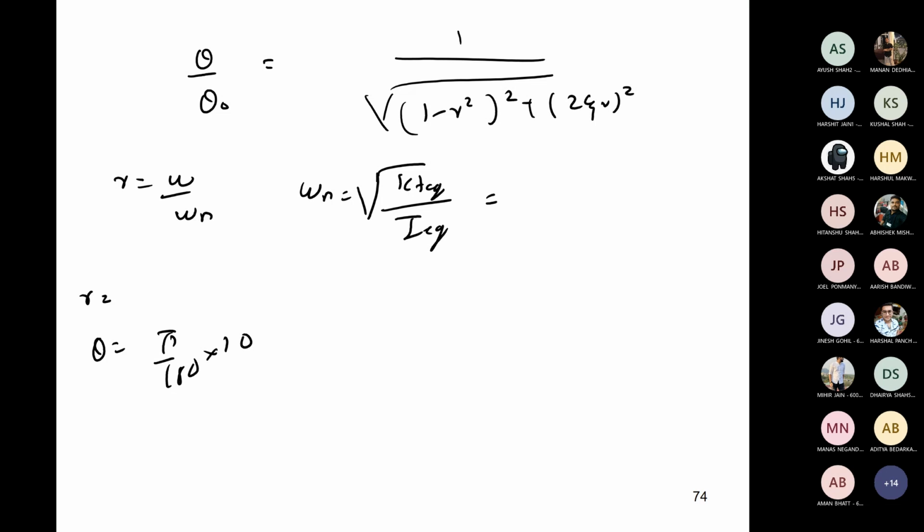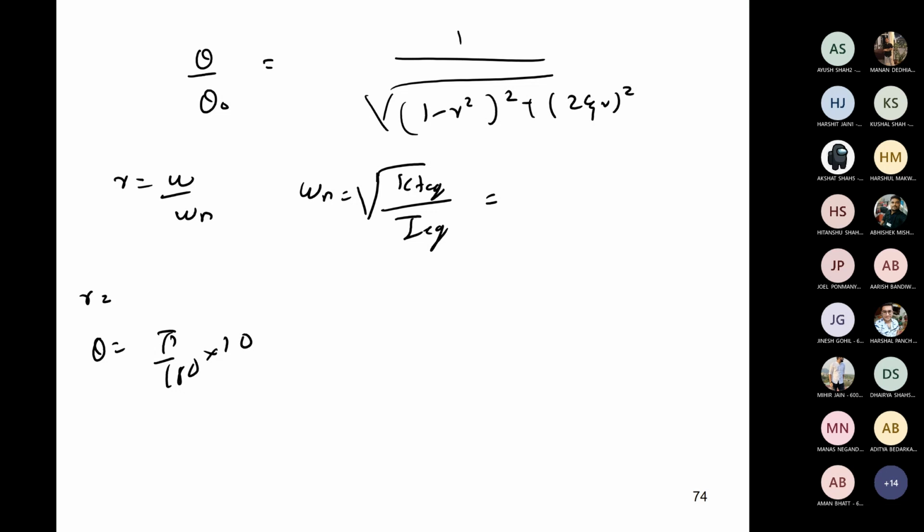All right, and what is asked in the question? What is the maximum value of the moment that should be given so that the initial displacement is not more than 10 degrees.